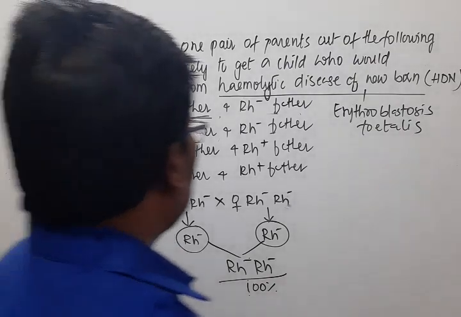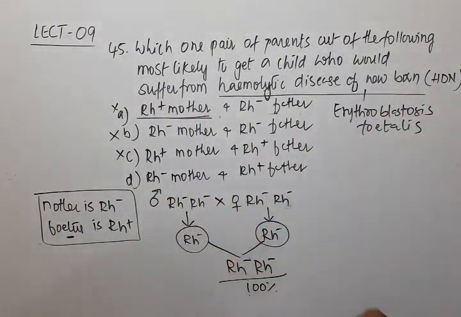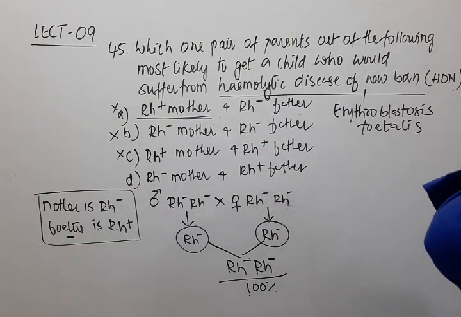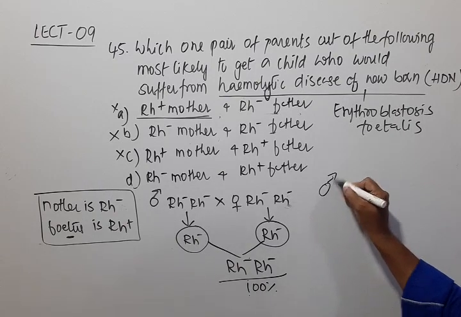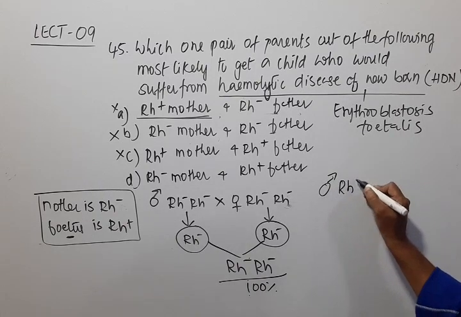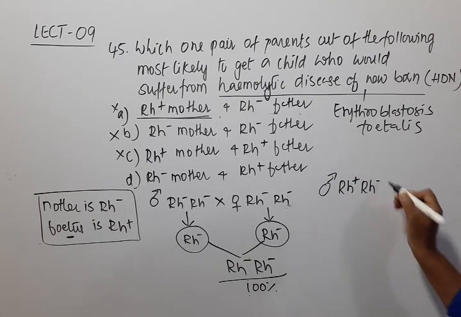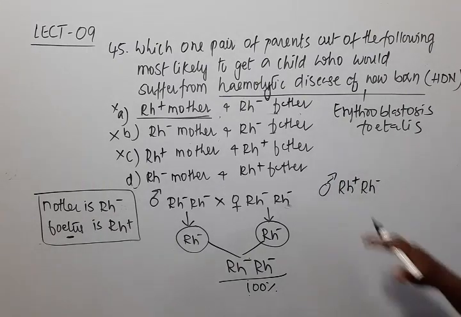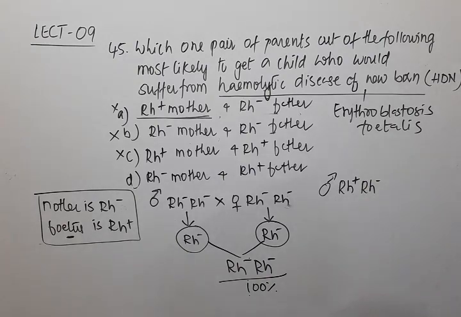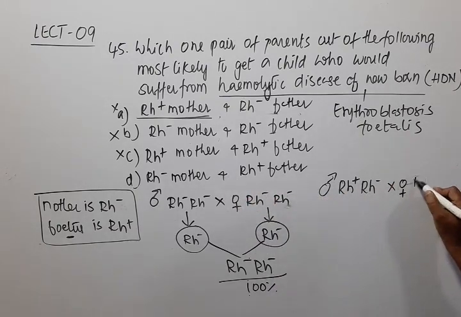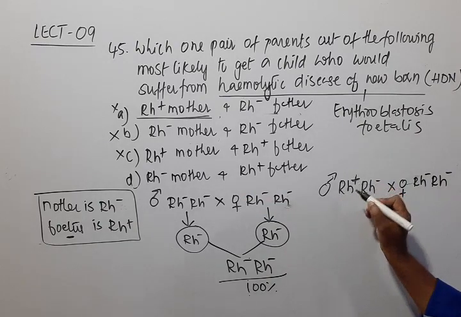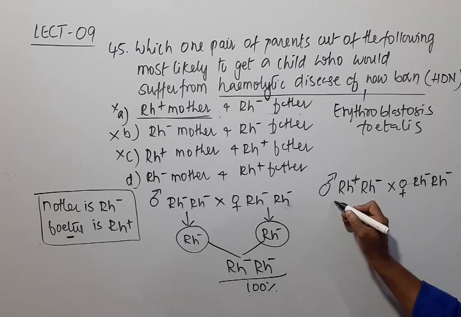Now coming to the last option, the Rh negative mother and Rh positive father. I'll take the father Rh positive in the heterozygous condition first, and then we'll see the homozygous condition also. The mother is Rh negative. When I say a person has both positive and negative, then the person is positive.